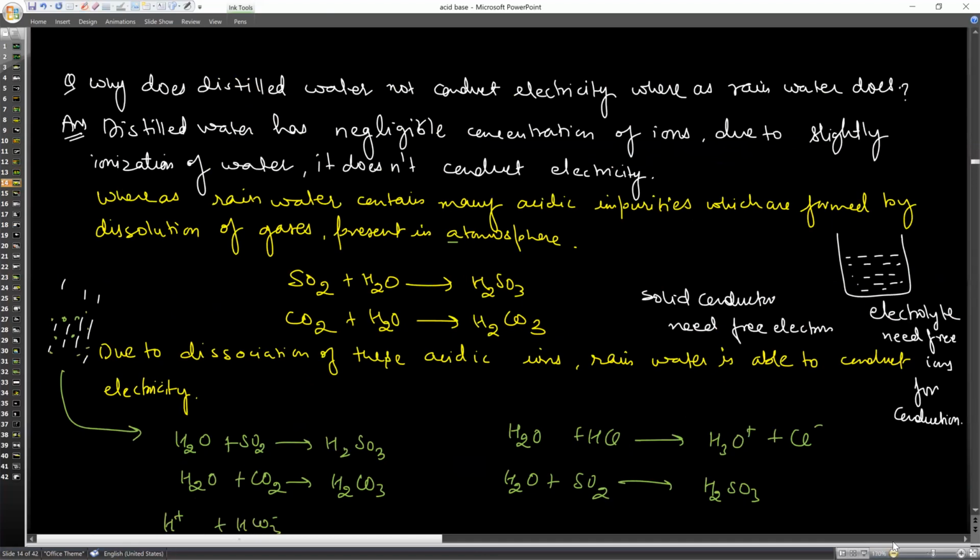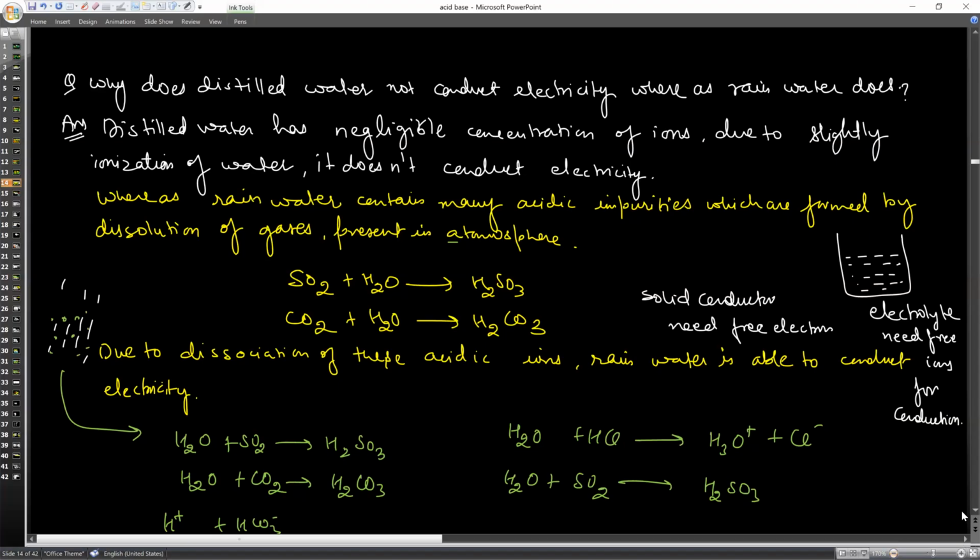Now you know that some questions come in examination about why dilution of acids matters. When we are diluting an acid, ionization takes place, H plus ion concentration changes. In conductors, free electrons are responsible for the conduction of electricity.